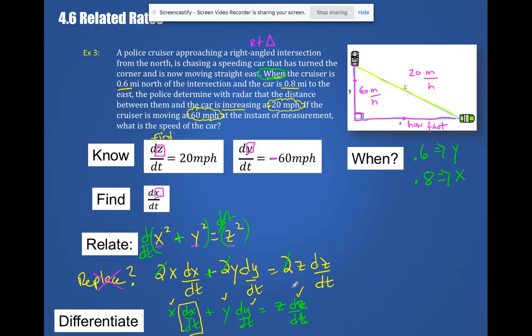Uh-oh. Where do I get z from? Who's there? Oh, Pythagoras. Come on in. Here's a right triangle where you have 2 sides. One is 0.6, one is 0.8. Now, this is really a negative, right?